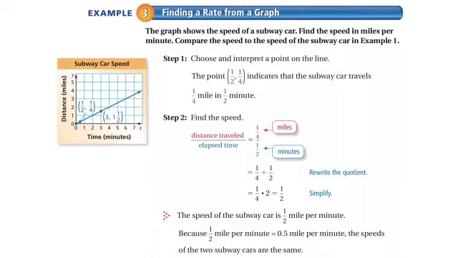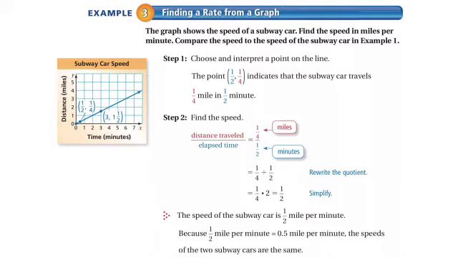And that indicates that the subway car traveled 1/4 of a mile in 1/2 minute. So you write that as a rate, 1/4 of a mile over 1/2 minute. To turn that into a unit rate, we will just multiply the top and bottom by 2. That would give us 1/2 mile per minute.